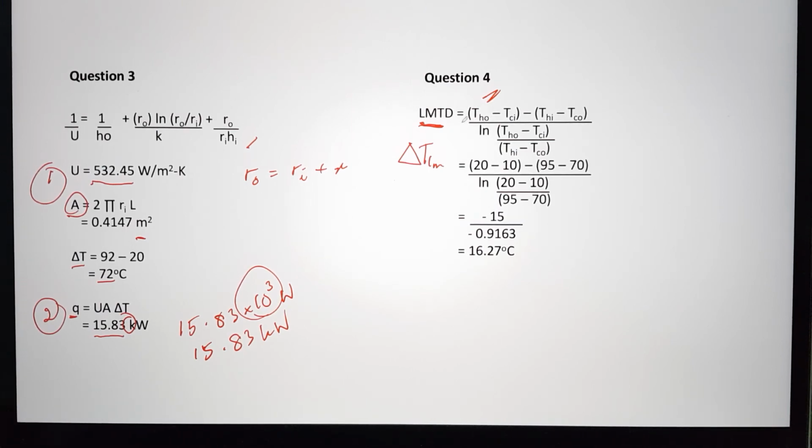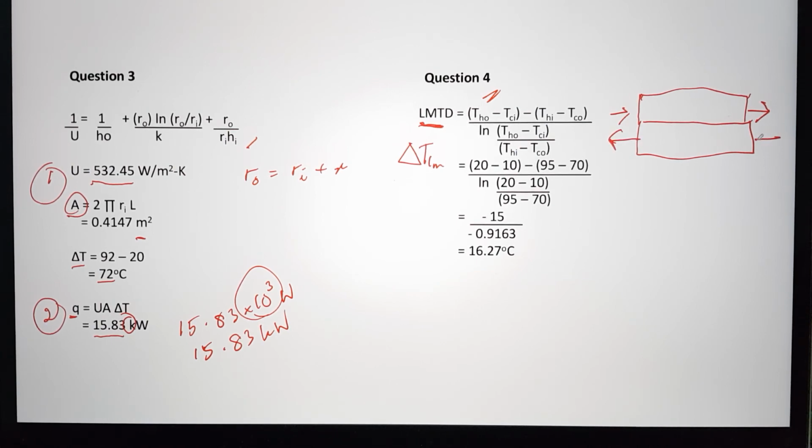For LMTD, you have two tubes, one flowing on the inside and the other flowing on the outside. It depends whether the movement is co-current or counter-current. For this particular case, question number 4, it is counter-current, counter-flow.